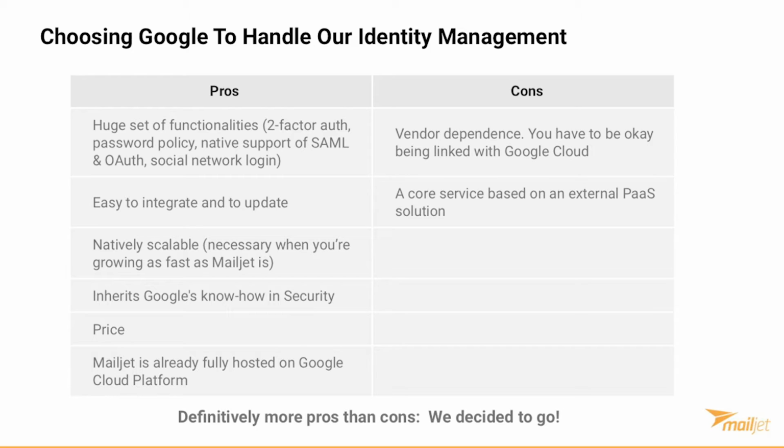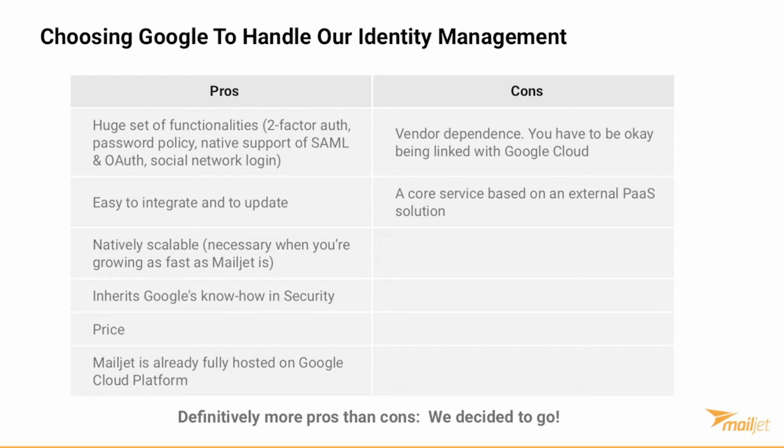So why Google? For many reasons. First, because we are hosted on GCP, so it helps, and naturally we looked at the Google solutions. Also, Google provides a lot of functionalities, as Marc presented just before. It's also really easy to integrate.